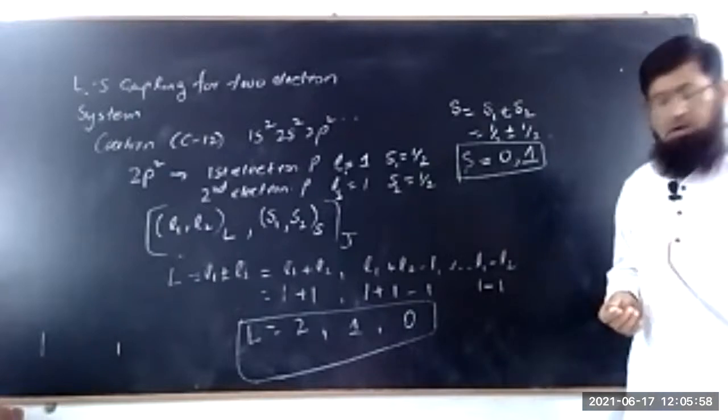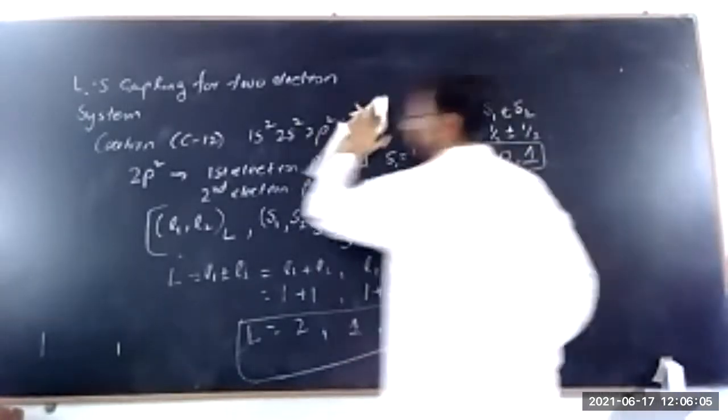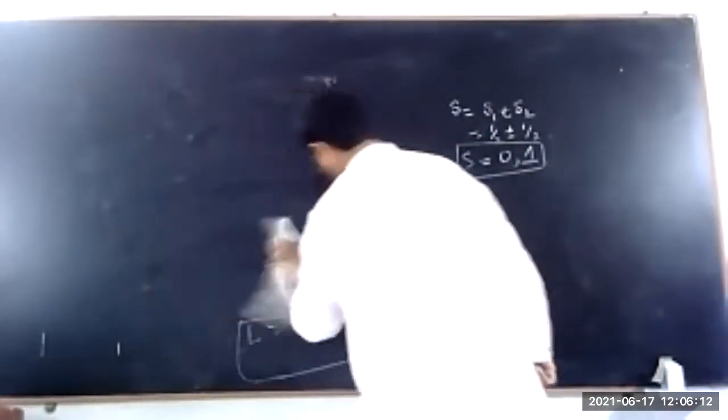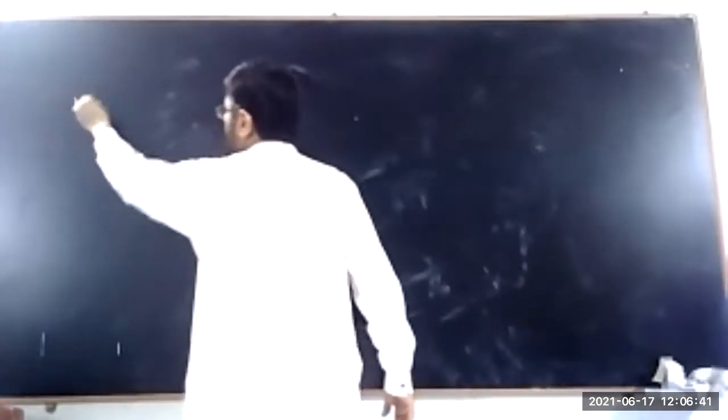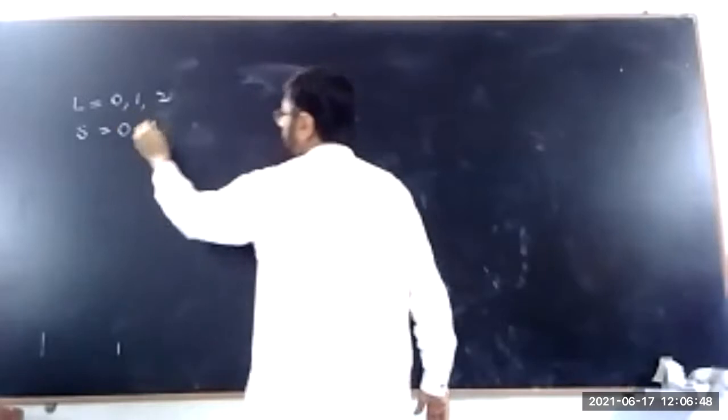So we have to look at the combination now. So here in the combination, L is equal to 0, 1, 2 and spin is equal to 0 and 1.